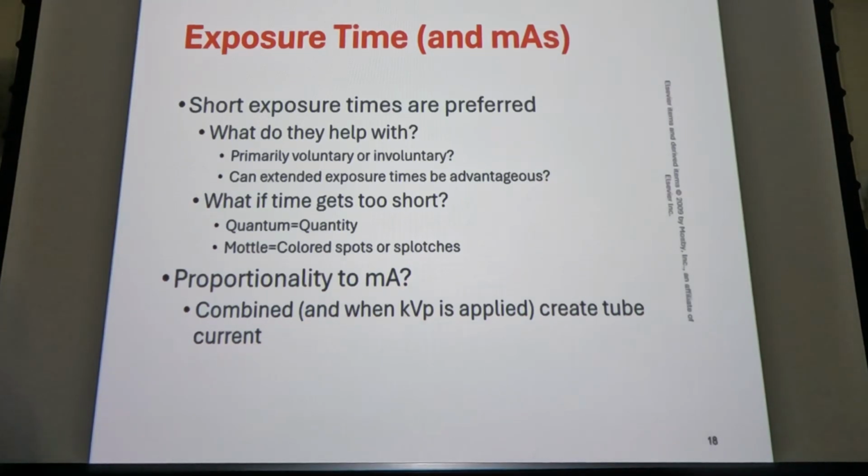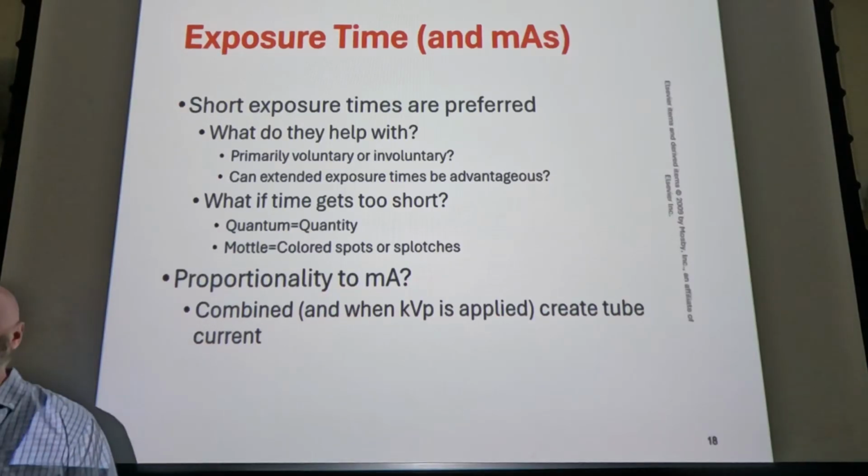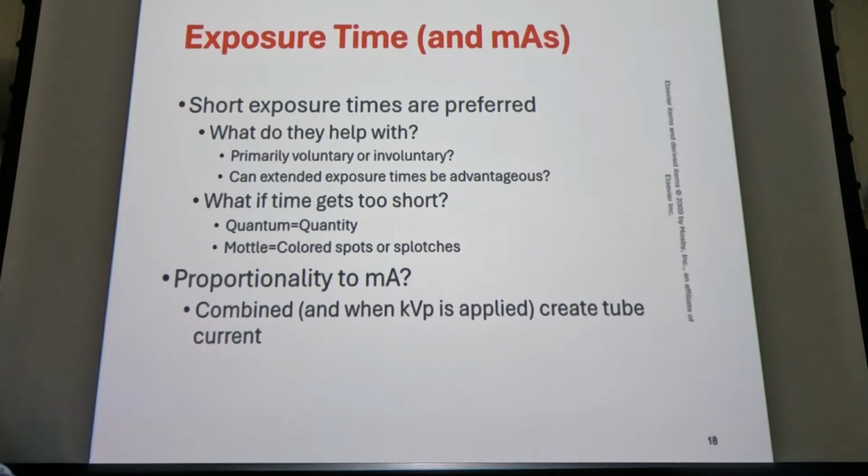So if you set an exposure time of 1 millisecond, it has a hard time maintaining the quality of that 1 millisecond exposure. So even still, the potential is there. I've never seen it happen, but I feel like I need to throw that out there, that the potential is there for time all by itself to possibly, not likely, but maybe introduce quantum mottle, okay?